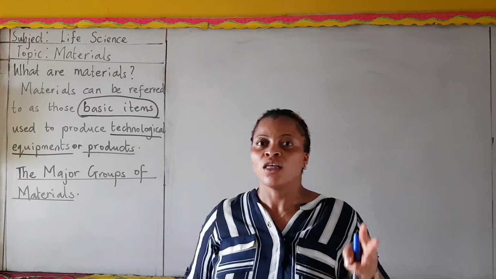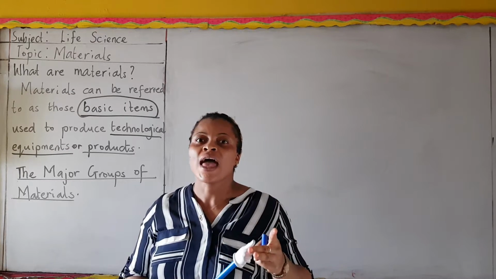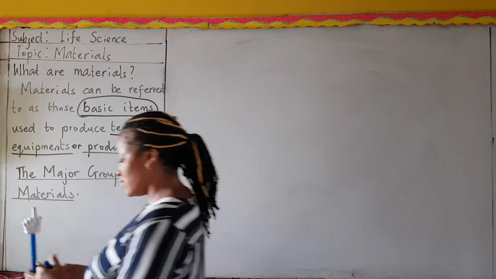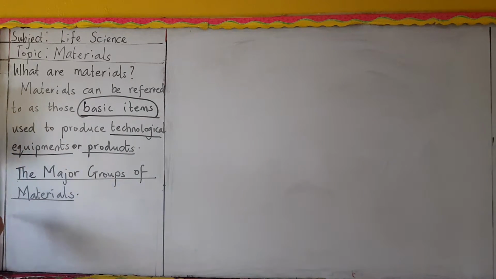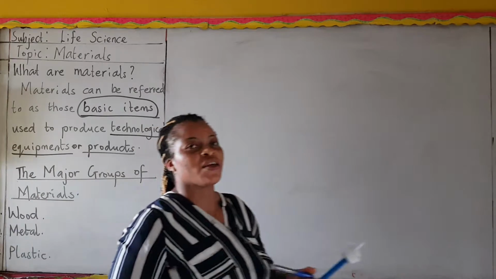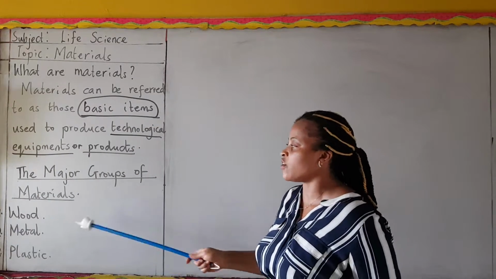Now we are quickly going to discuss the major groups of materials, and there are just 3 of them. And what are they? The wood, the metal, and the plastic. Okay, these are the 3 major groups of materials.